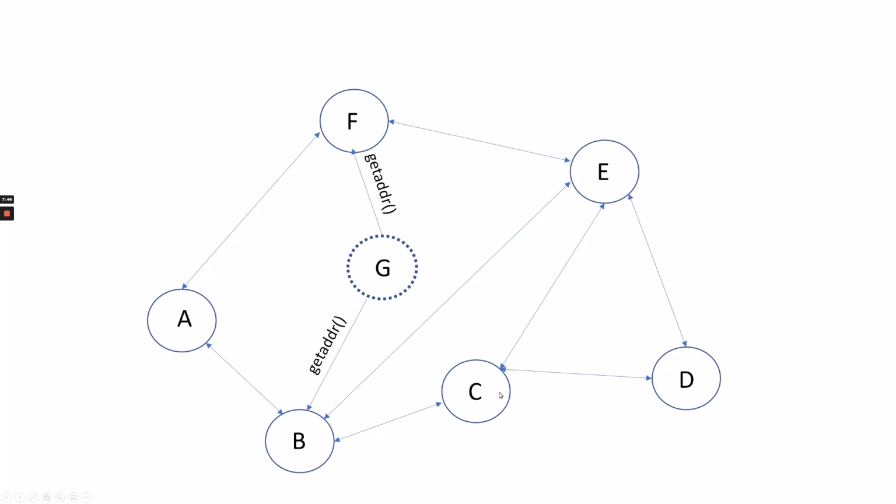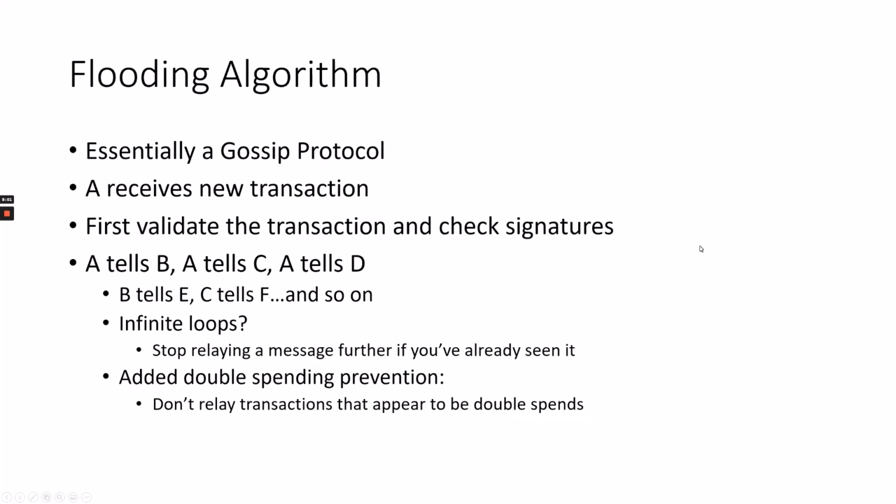So C would know about the transaction from D, and E would also know about the transaction from D. Consequently, C would then flood the network. So C would tell B, C would tell any other neighbor that it has. E would tell F and any other neighbor that it possibly has. So that's a flooding algorithm. Basically, tell everyone you know.